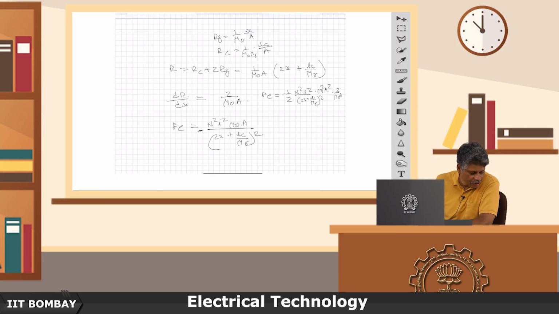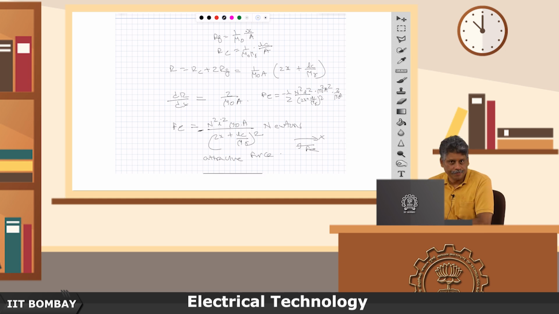So, this is what I am going to get in newtons, and minus because I square is always positive. So, if x is in this direction, F e, being negative, is an attractive force. So, therefore, the force is going to be an attractive force.